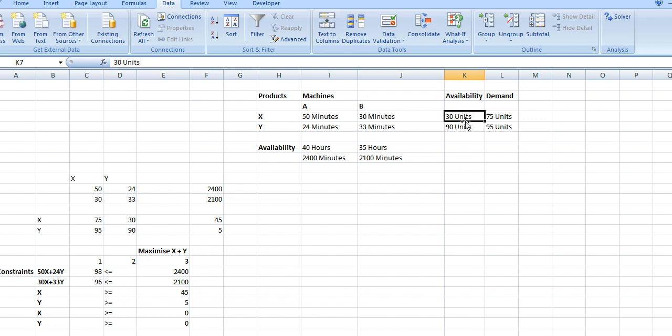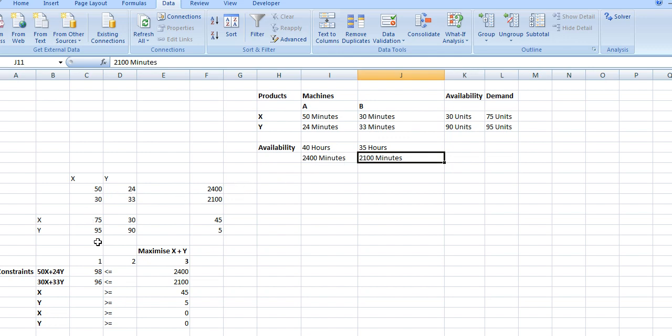This is the availability of the X and Y products, and if we produce products using A and B machines, this is the time the respective product takes on those machines. But machine A is available for 2400 minutes and machine B is available for 2100 minutes.